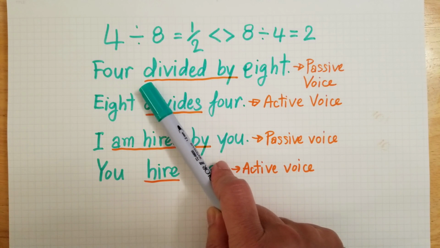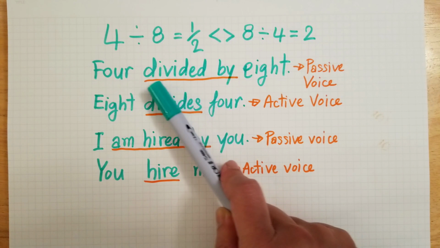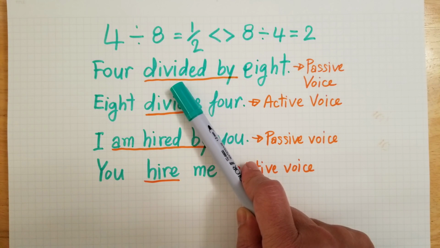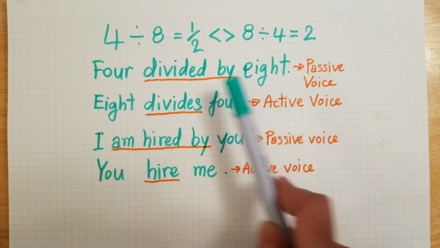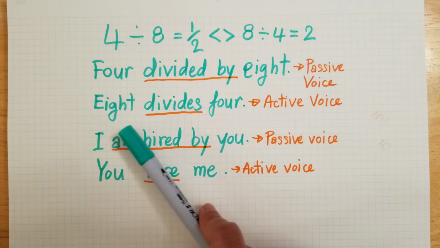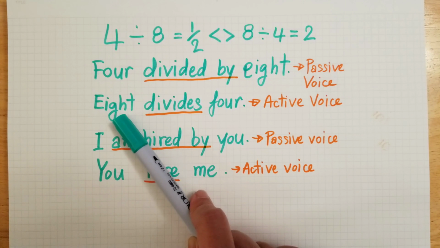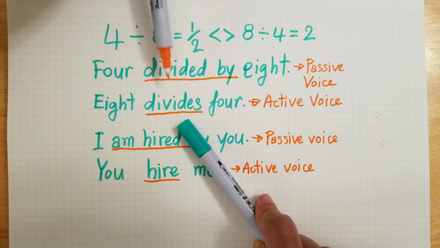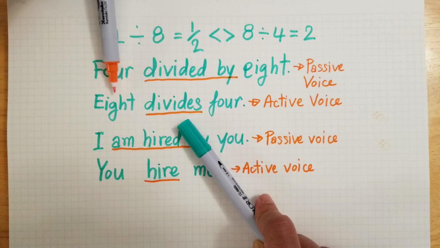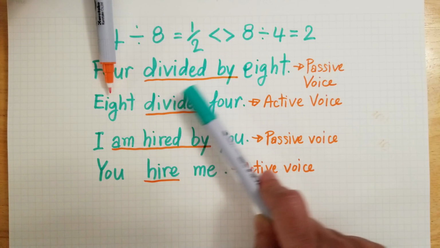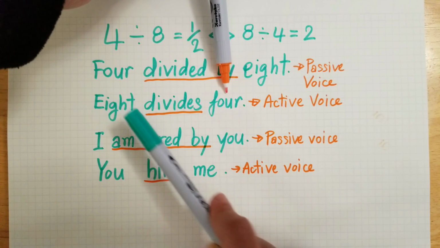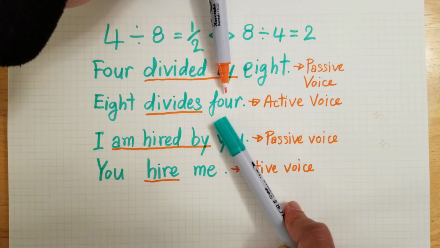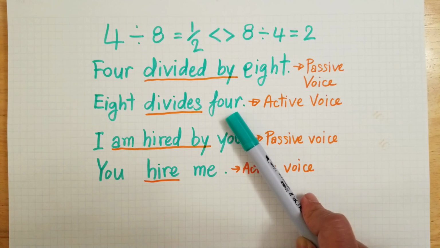Right, but the form of the verb is different, so now you know that is a passive. The inverse form of that is an active voice: I would have said 8 divides 4, and you change the verb here. You've got the same subject in the beginning, and the same object, which is in a different place. That is correct.